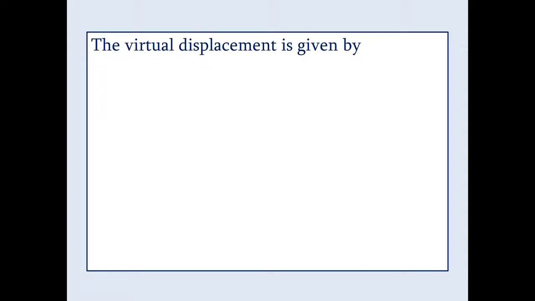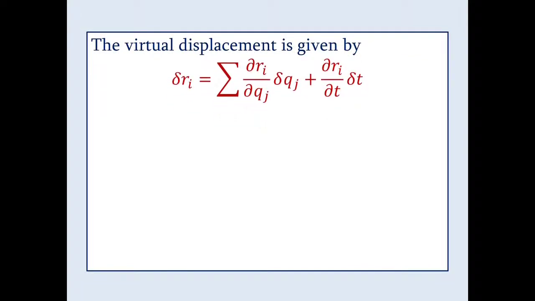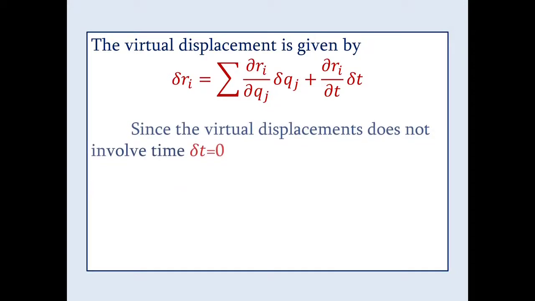Then let us write an equation for virtual displacement. Already we have equation 2, that is dri by dt equal to the sum over j of dou ri by dou qj into dqj by dt plus dou ri by dou t into dt by dt. Using equation 2, we can write the virtual displacement, the small change in the position vector, delta ri, equal to the sum over j of dou ri by dou qj into delta qj plus dou ri by dou t into delta t.